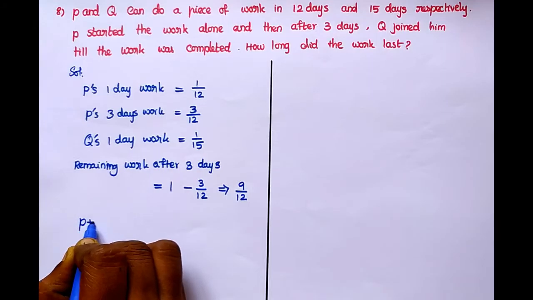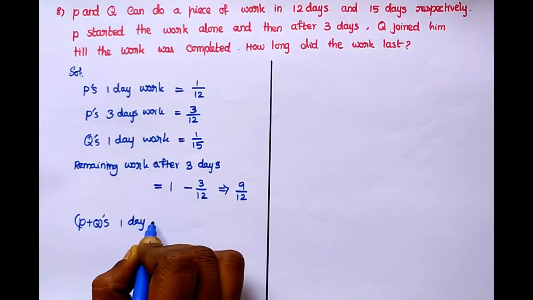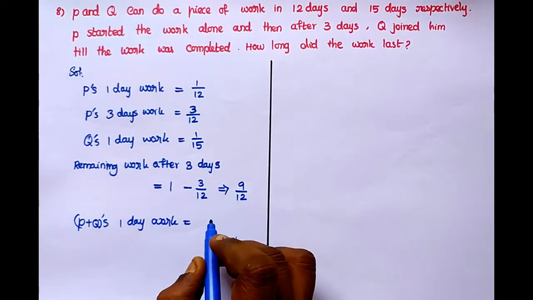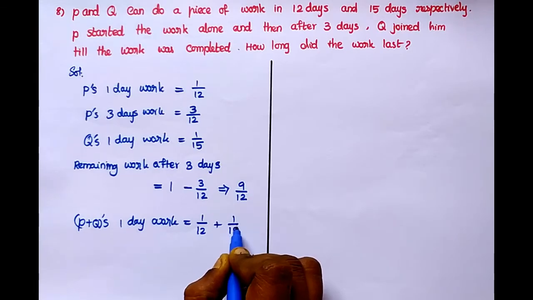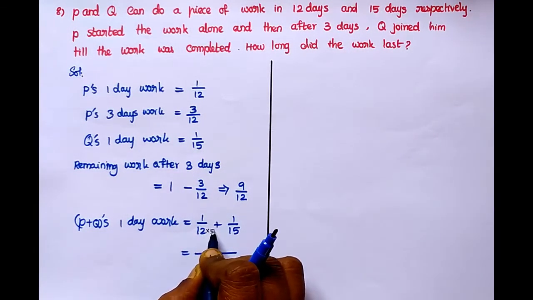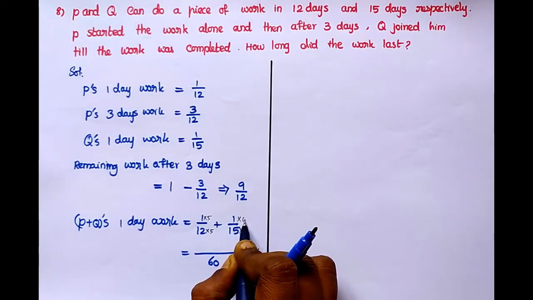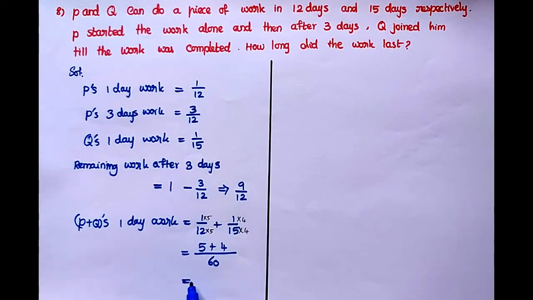So P plus Q's 1 day work equals 1 by 12 plus 1 by 15. Listen, take the LCM, that is 60. Here multiply with 5 means we get 60, so 5 here, and 4, 5 15s are 60. Here also multiply with 4. So 5 plus 4, we get 9 by 60.